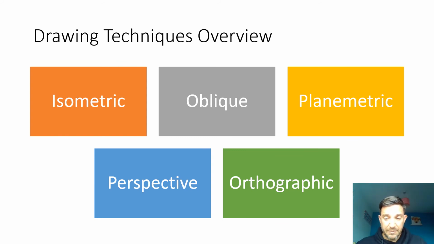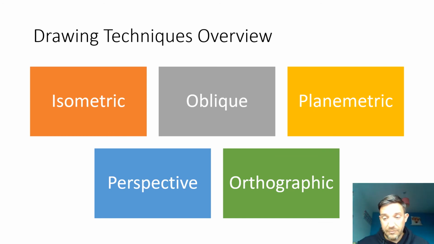Orthographic, now just be careful with this, is orthographic projection, because there are lots of different types of orthographic drawing. Orthographic projections are two-dimensional drawings of a three-dimensional shape. Normally you'd want 3 views to represent a shape, and from those 3 views you can represent lots of information.